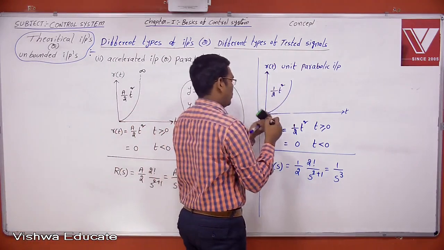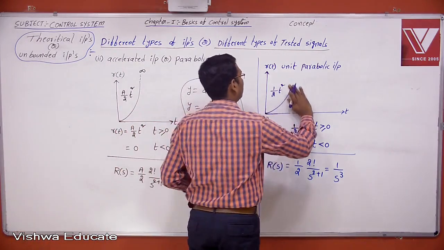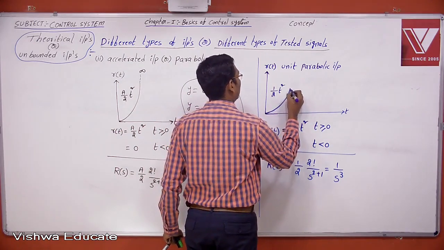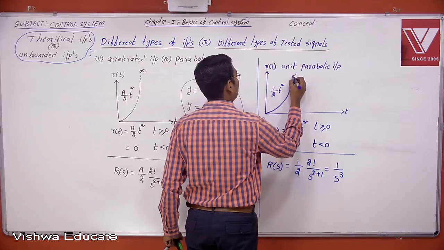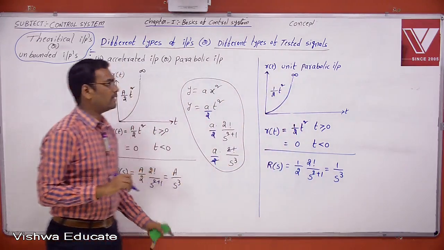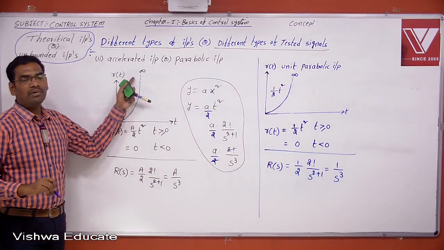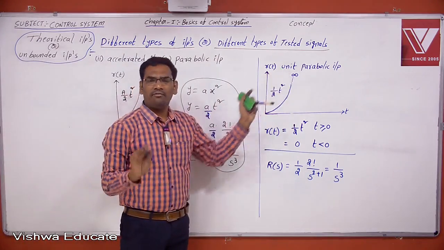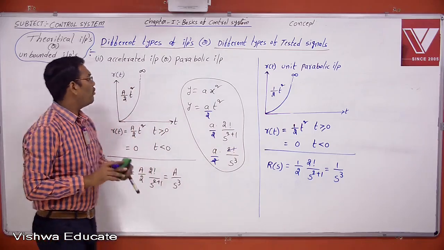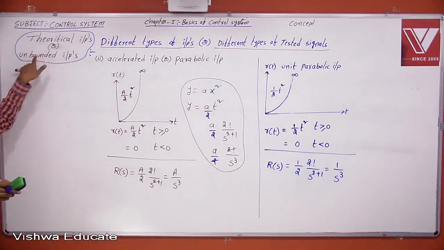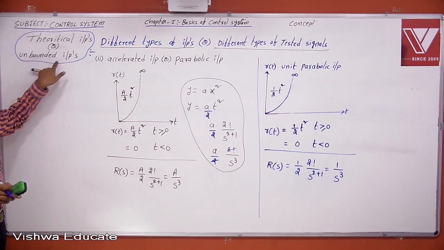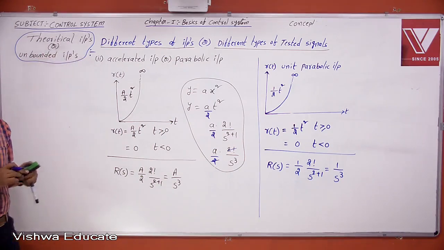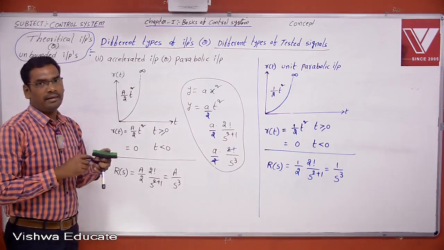Since it moves towards the infinity side, it is not used practically, only for theoretical or mathematical calculations. This is one of the unbounded inputs, or theoretical inputs, which we are not using practically.